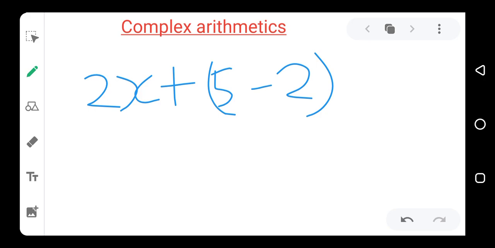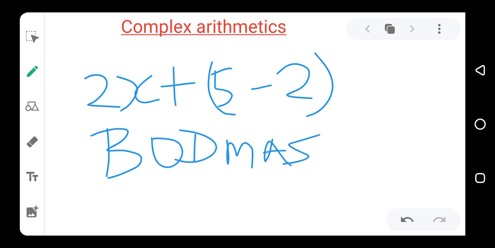There is a method we call Bodmas. This Bodmas says that when we have a complex arithmetics, or when we have an expression that contains addition, multiplication, division, and many others, there is a particular place that we have to start solving the expression from.